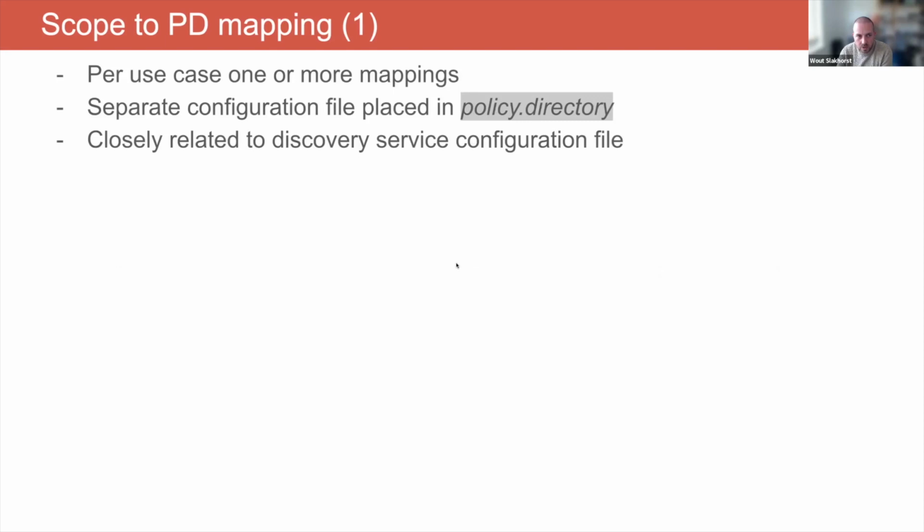It will be required to specify one or more scope to presentation definition mappings per use case. And these can be stored in a directory as a JSON file, which can be configured by your policy directory configuration parameter.